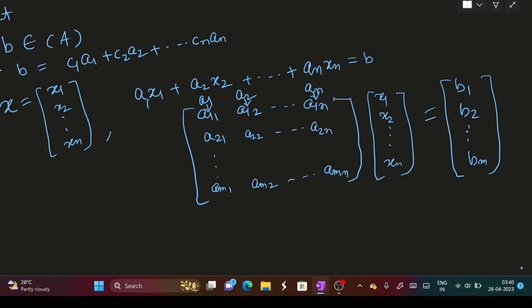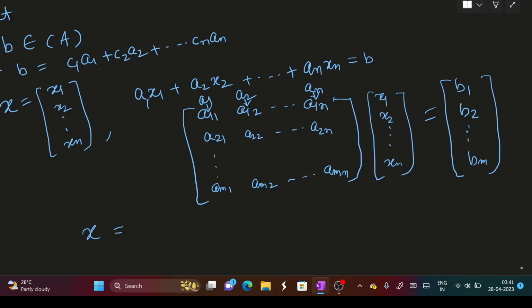Now the column form representation of the system of equations is: the first column multiplied with x1 plus the second column multiplied with x2, likewise plus the nth column multiplied with xn gives rise to the b vector. Okay, so that means here if I have a linear combination of columns, that means I have x1, x2, x3. What is my solution in this case?